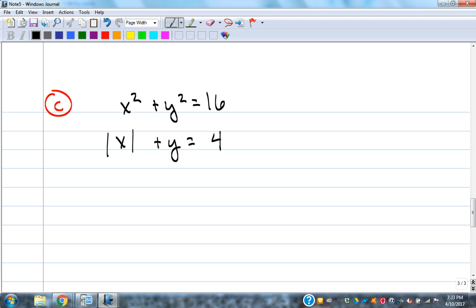So with the absolute value of x being the weird part, that triggers me. I'm just trying to get you going through my thinking process here. If I see that, I'm going to try to get that by itself. So if I subtract y, that gets the absolute value of x is equal to negative y plus 4.